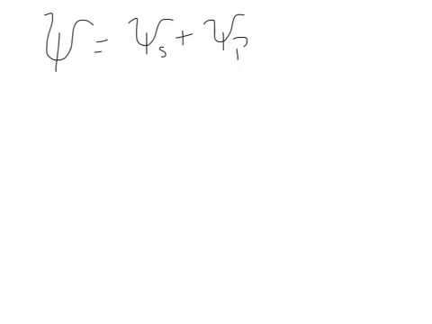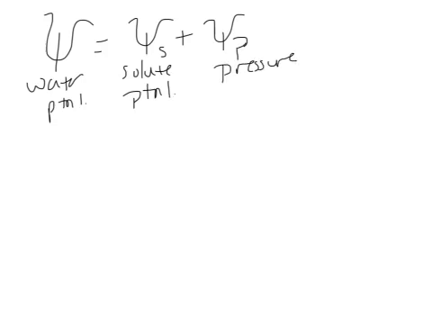This is my water potential, this is my solute potential, and this is my pressure potential. The solute potential, we said, is usually going to be negative because it disrupts water's ability to move. And then my pressure potential, which could be positive.